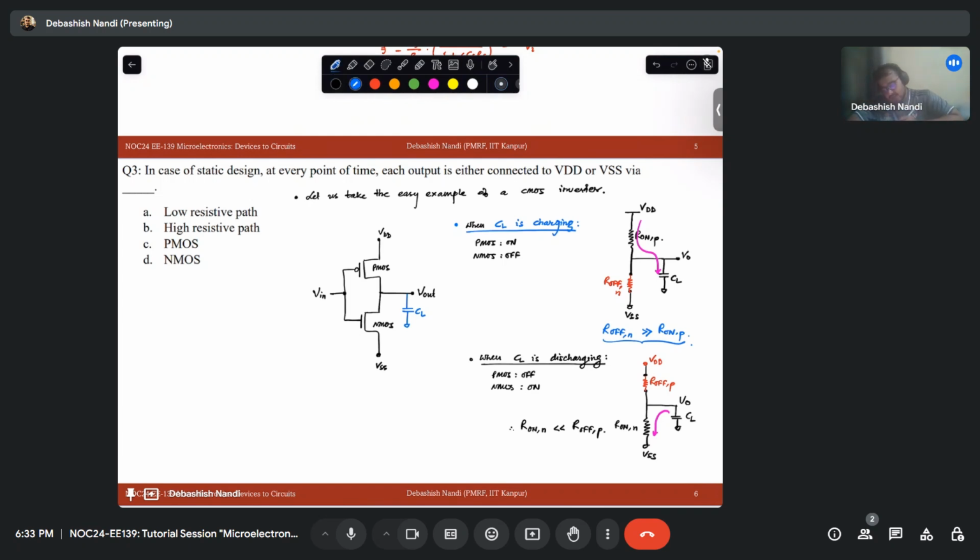So you can conclude that the output is either connected to VDD or VSS, or VSS is generally kept at ground for most of the designs.